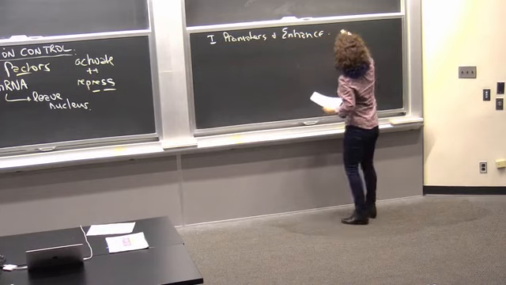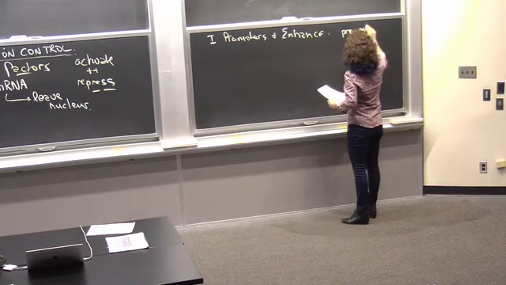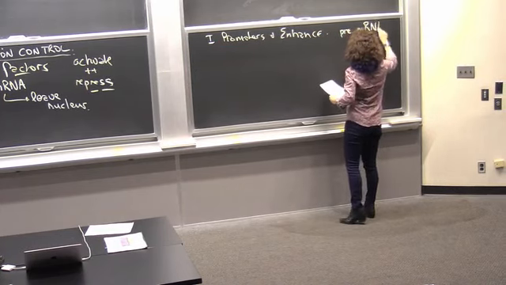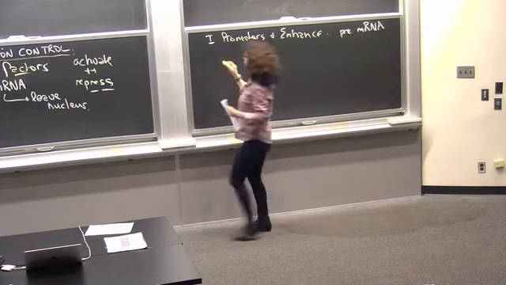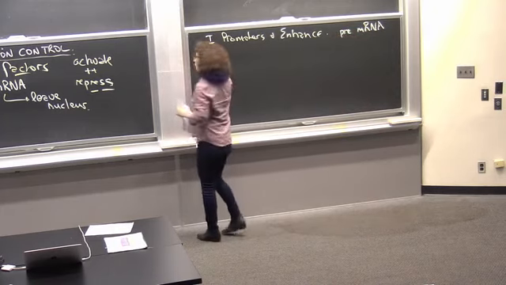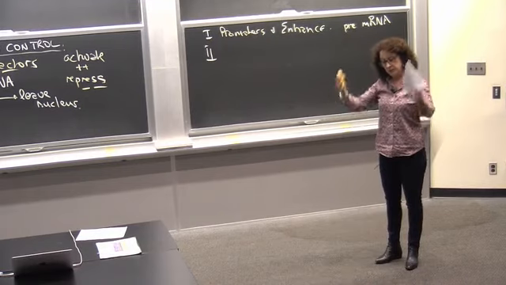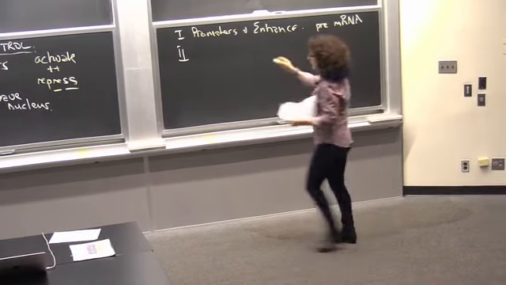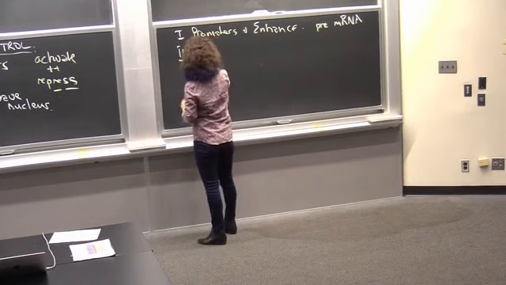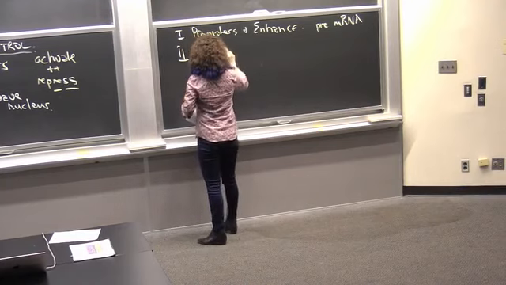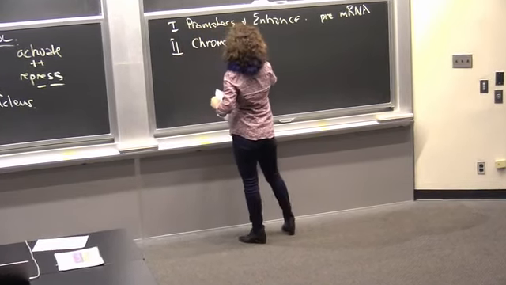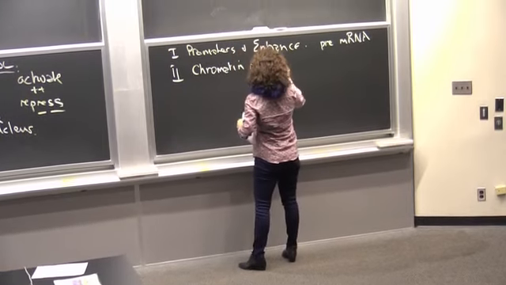Those happen early. That's all about making the pre-messenger RNA. But now we have to discuss some aspects that are also critical for making the initial pre-messenger RNA, and that's chromatin remodelers, or chromatin remodeling.